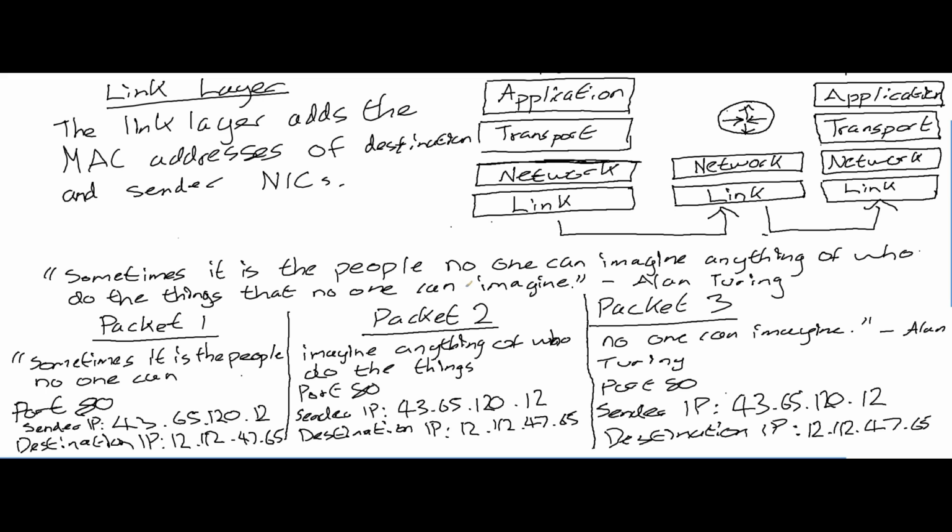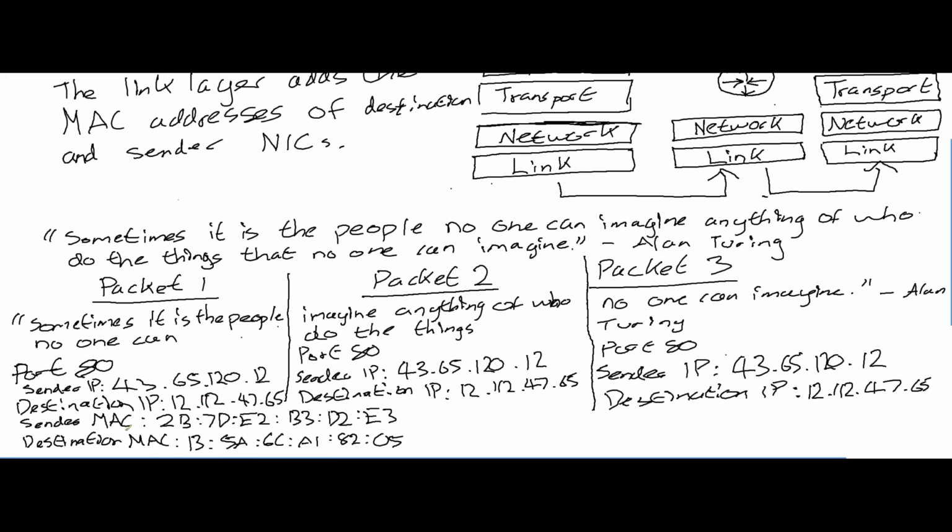You can imagine that sending a request from one PC to a server somewhere on the internet is going to take several hops through several routers, and the MAC addresses are changed at each hop to reflect the new sender and destination MAC address. So this is an example of what the sender MAC address and the destination MAC address for each of these three packets might be on this hop from PC1 to this router here.